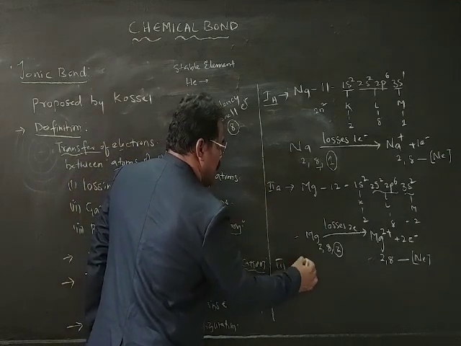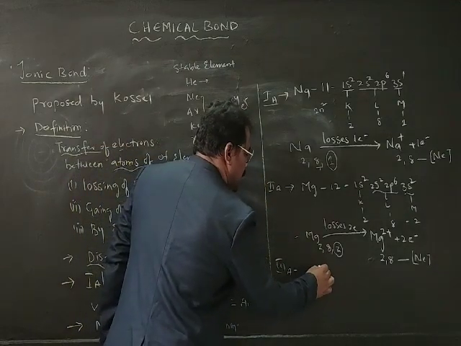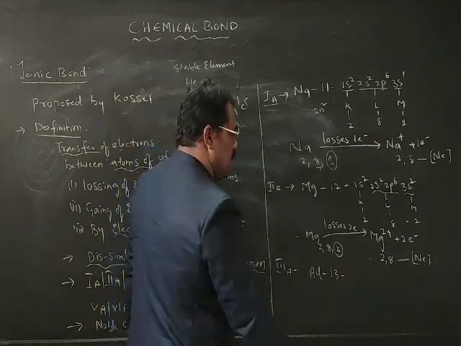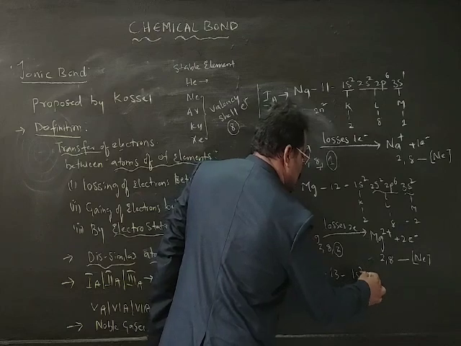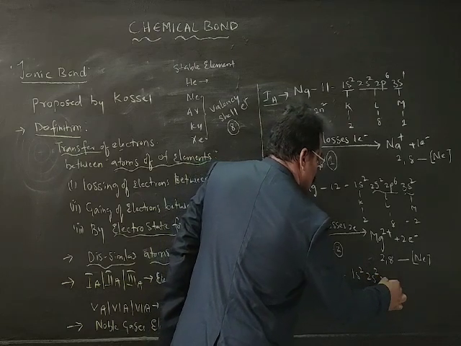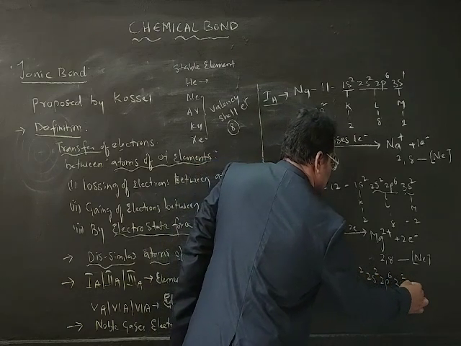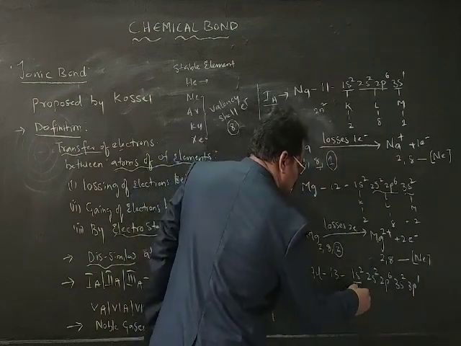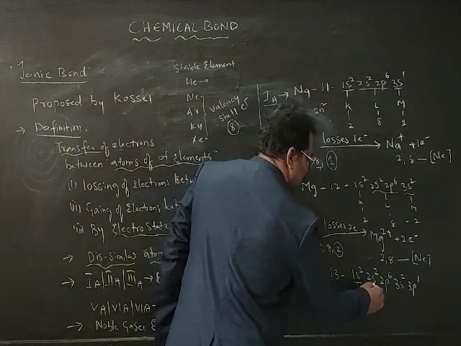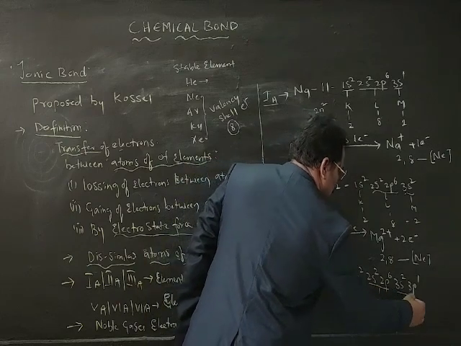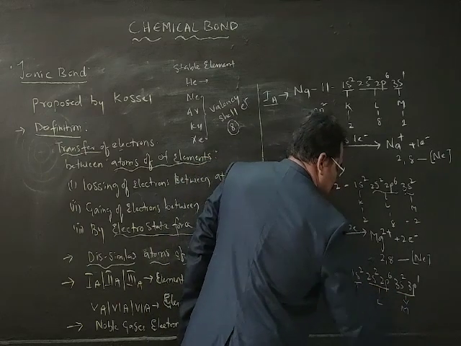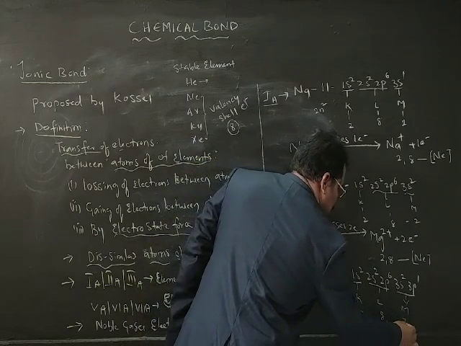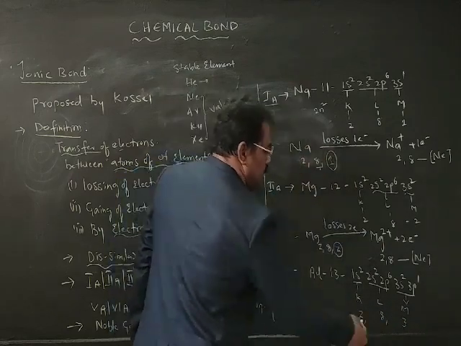For the third A group element, aluminium, the atomic number is 13. Electronic configuration is 1s2, 2s2, 2p6, 3s2, 3p1. The first shell is the K shell, then the L shell, then the M shell, having 2 electrons, 8 electrons and 3 electrons.